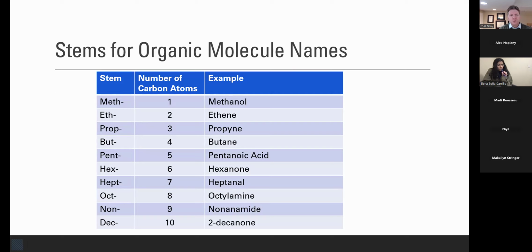If a molecule has but one carbon, it's going to use the stem of meth. Two carbons, eth, three, prop, four, but, five, pent, six, hex, seven, hept, eight, oct, nine, non, and 10, dec.